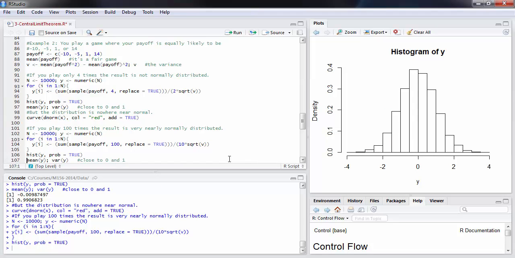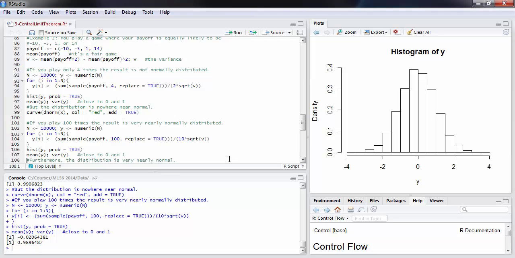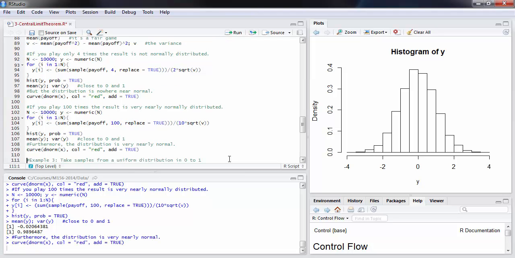And that does look consistent with a normal distribution. The mean and variance are close to 0 and 1, and if I overlay the density function for the normal distribution, I've got a pretty good match.